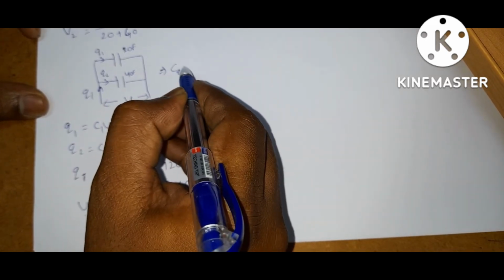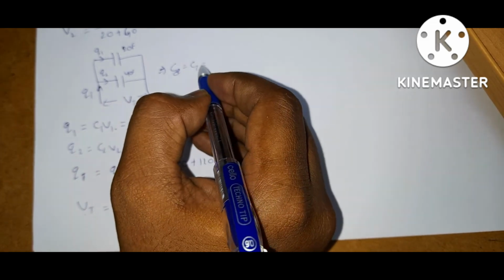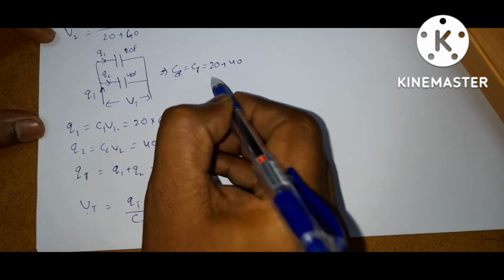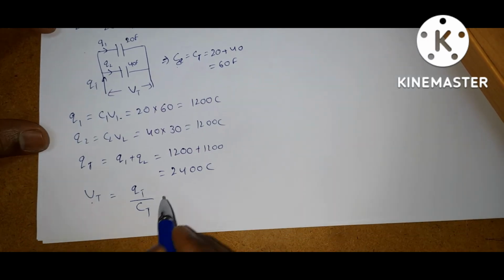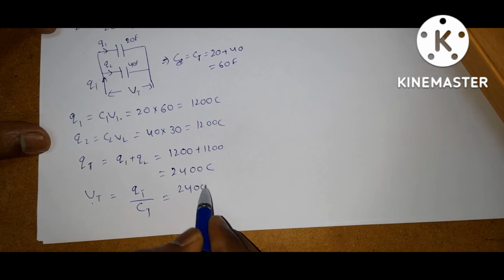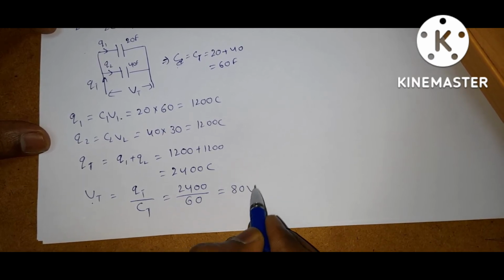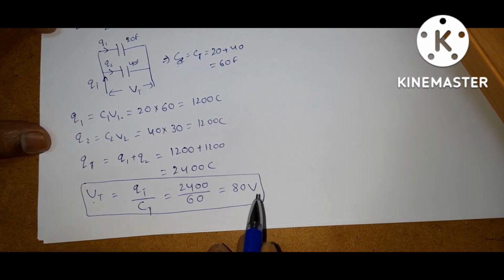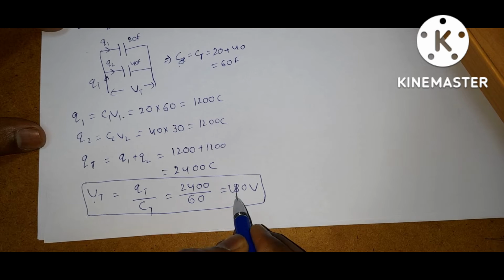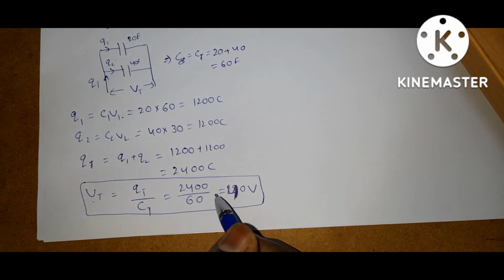C total is equal to the summation of the two capacitors, 20 plus 40. You will get 60 farads. So here 2400 by 60. You will get 40 volts.